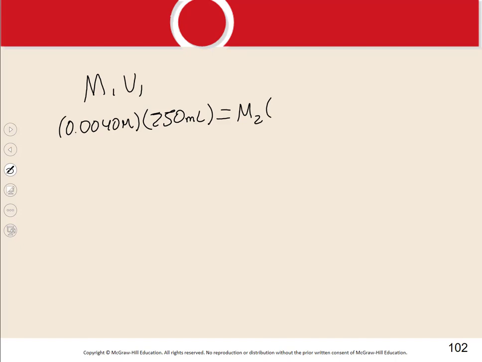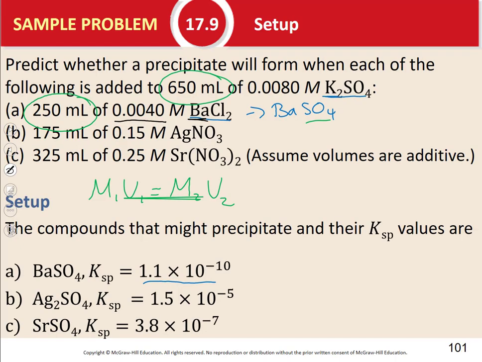M2 is what we're solving for. What will be my final volume? 650 plus 250, which is what? 900 milliliters. Good.